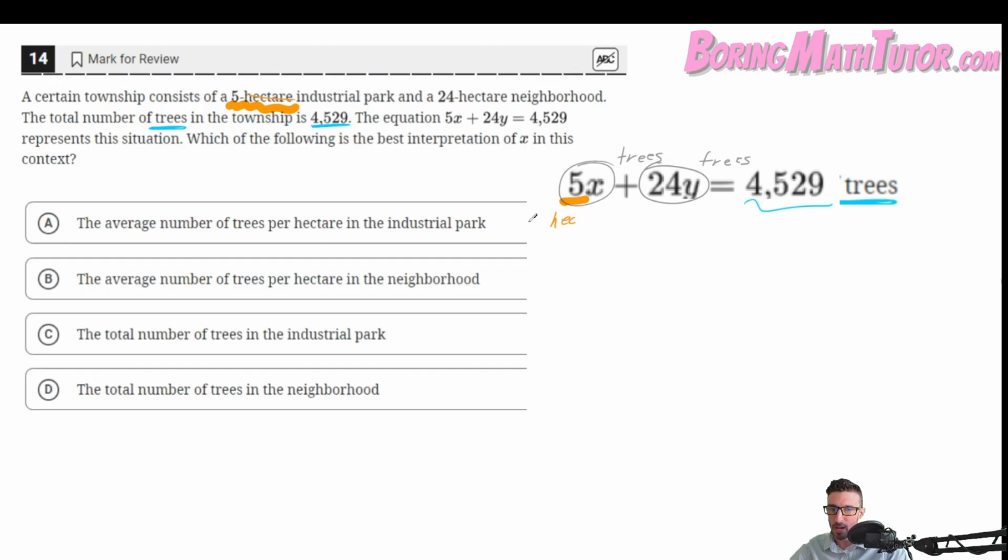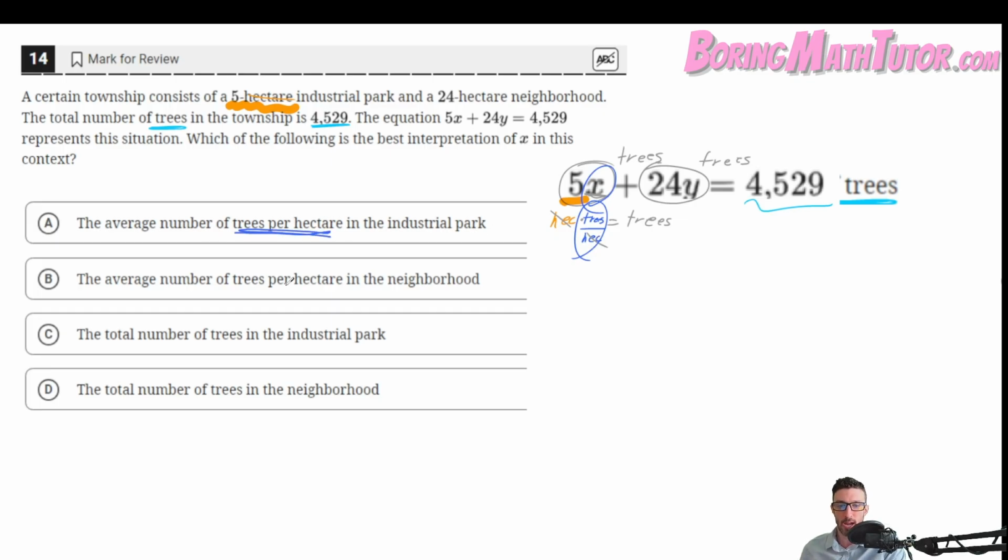But remember, it's going to be hec times the unit for the x, which is going to have to somehow come out to a unit of trees. Well, how is that going to go down? Here's the answer. You're going to need to have trees per hectare, so that way the hectare part cancels out. So that must mean, just with a little bit of analyzing the units, that we're looking for trees per hectare in our answer.